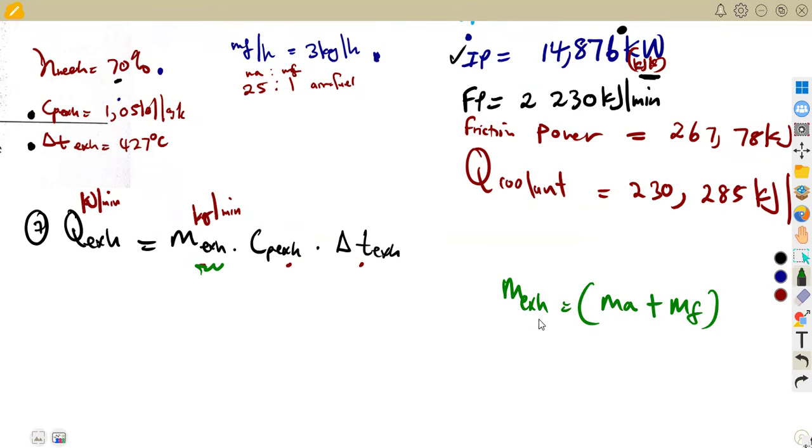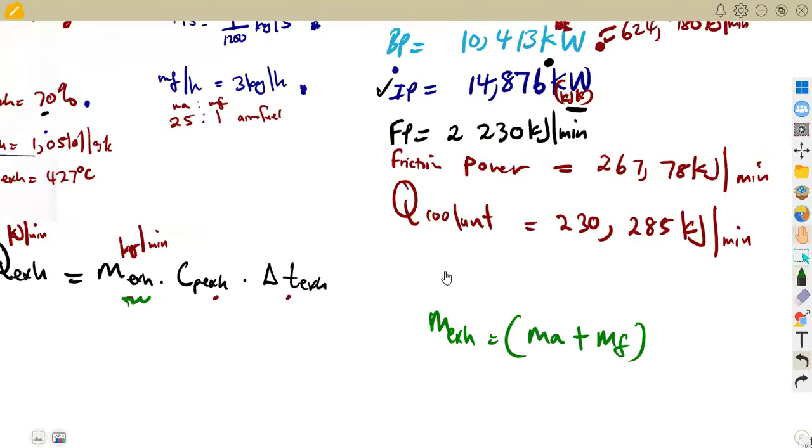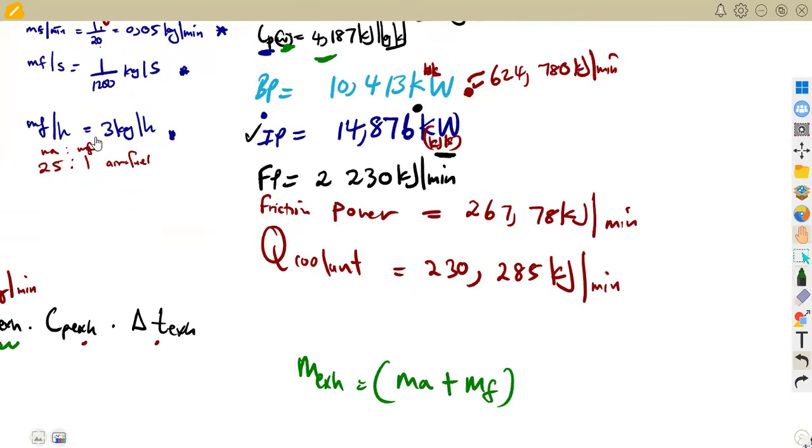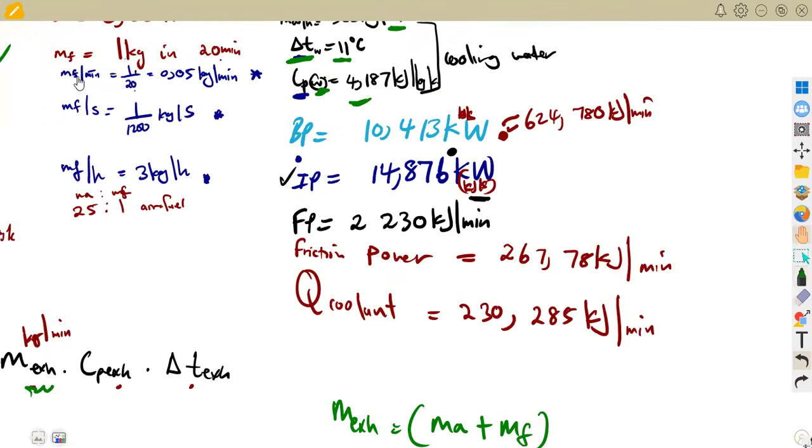But when you are to consider the unit of measurement, that is per minute, per second, it is the mass of fuel which carries the time here. The mass of fuel per minute, per second, per hour.